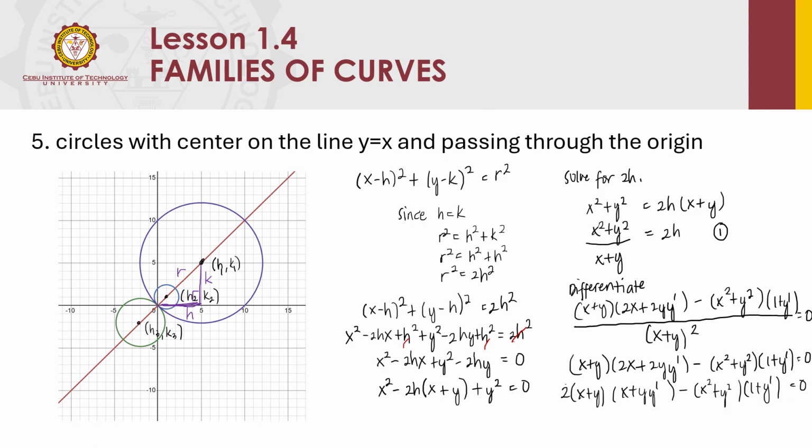This is already a differential equation since the arbitrary constant is no longer present and we have the first order derivative. Only one arbitrary constant, therefore first order. So this represents the circles with center on the line y equals x and passing through the origin.